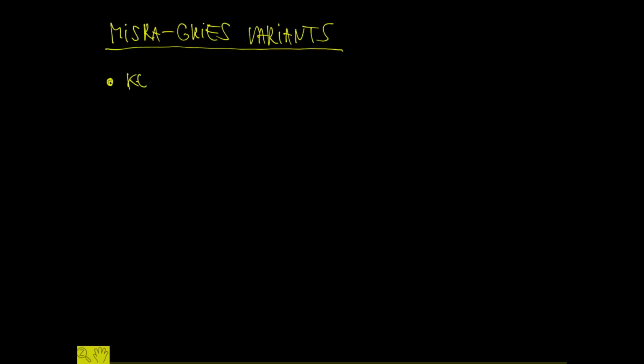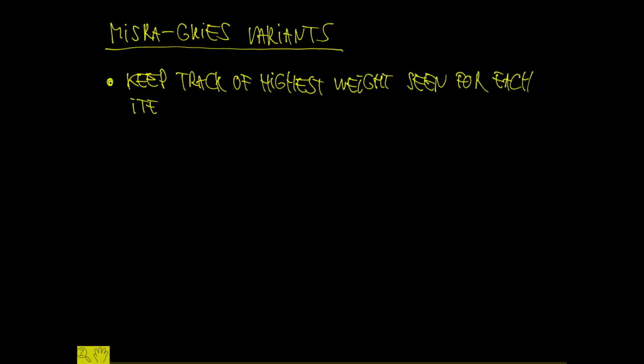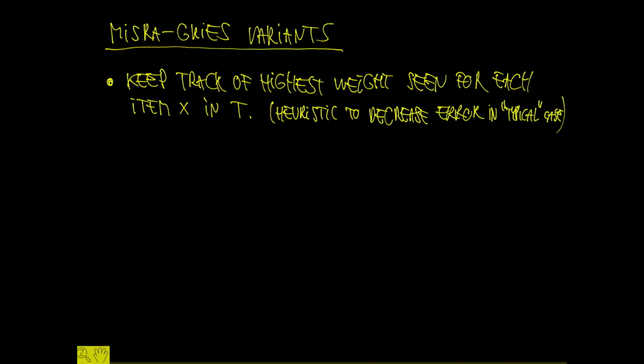So there's a bunch of variants of Misra-Gries. One variant is to keep track of the highest weight you have seen for each item, x. So you do subtract from the weight, but you also keep track of the highest weight. This is a heuristic to decrease the error in typical cases where entries with high weights stay in the sketch for a long time.